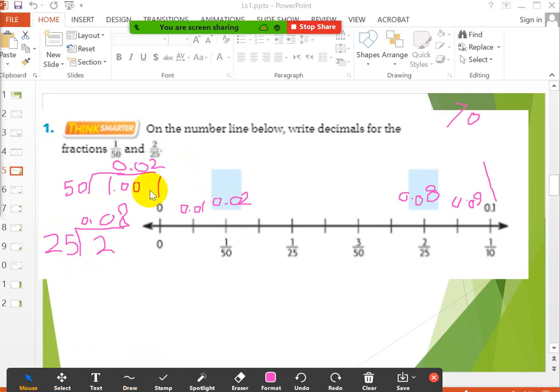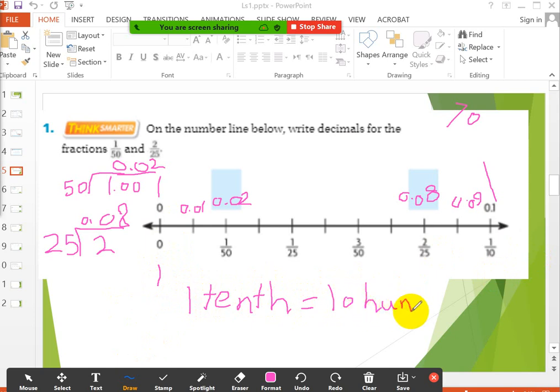Look, I have to divide here between 0 and 0.1 into 10 parts. When you divide 1 tenth, you know 1 tenth equals what? According to the relationship between the place values, 1 tenth equals 10 hundredths, right?